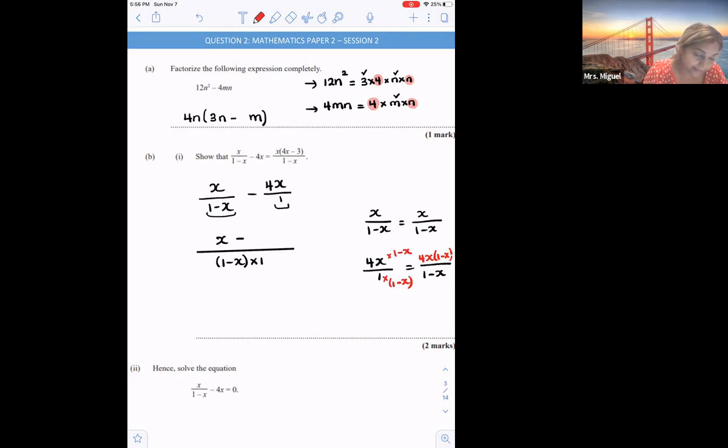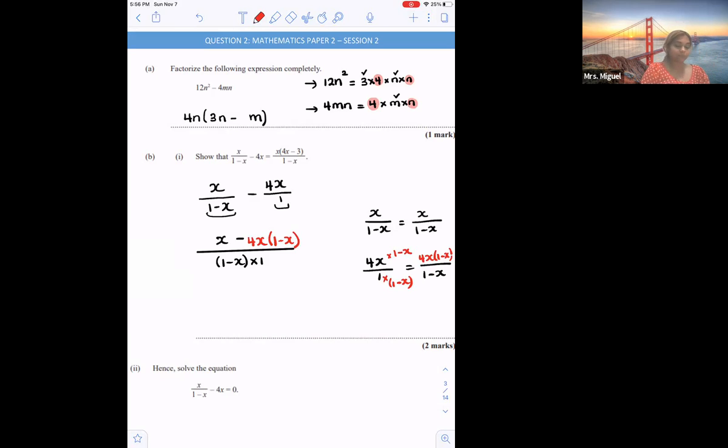So on this side, this will be 4x into 1 minus x. Now, we need to multiply using the distributive law. We need to multiply the terms outside the bracket by the terms inside the bracket, right?